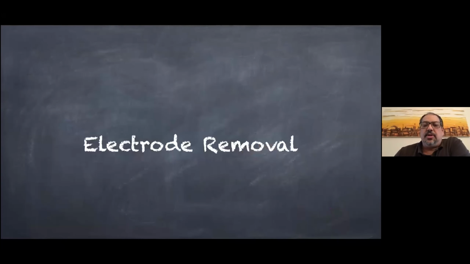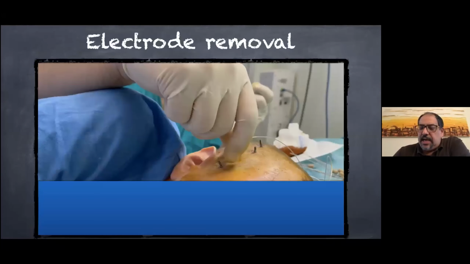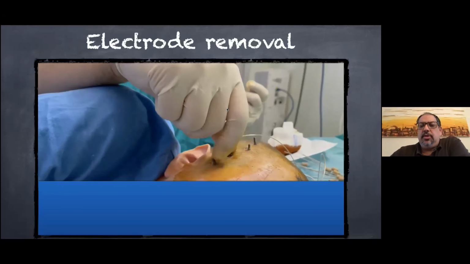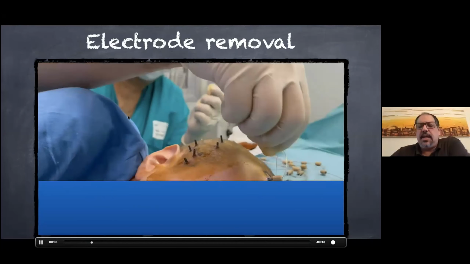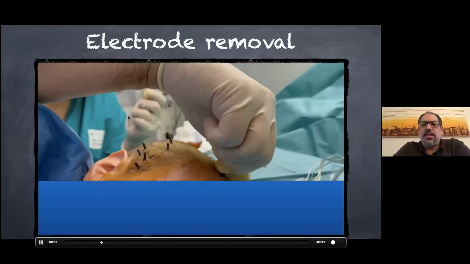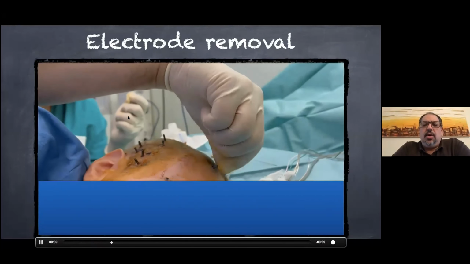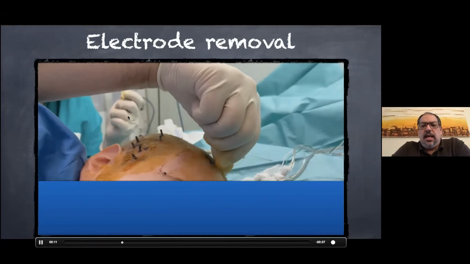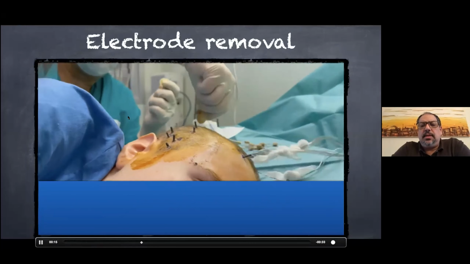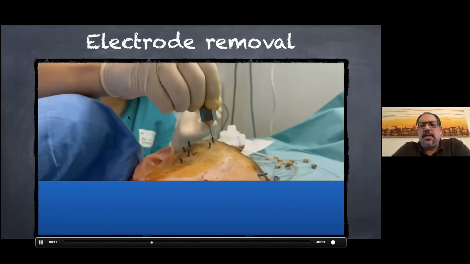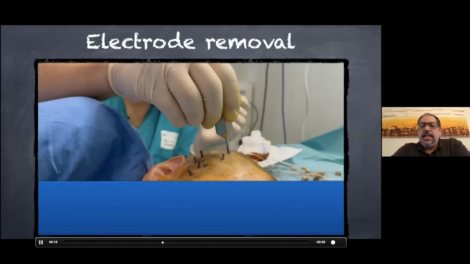the final subject. We remove the electrodes at the bed of the patient some days when SEEG monitoring has been finished. We don't use any longer local anesthesia. It's much better to do everything very quickly. This is a young girl.